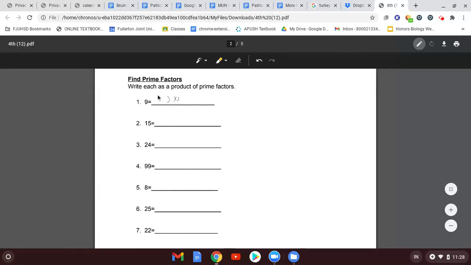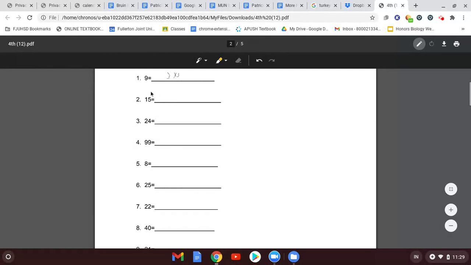So it wants us to write 9 with the prime factors. As I told you, 3 is a prime factor. For number 2, it will be 3 times 5 because 5 is also a prime factor, and as we've shown before, 3 is also a prime factor, and 3 times 5 equals 15.